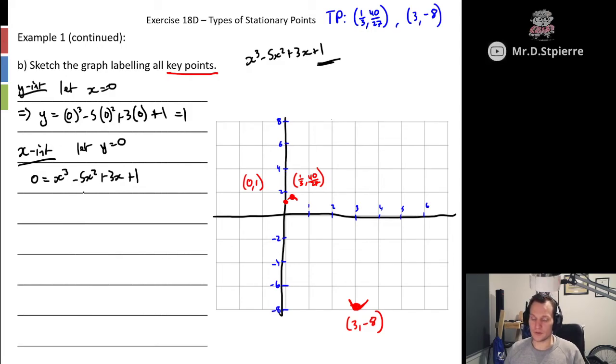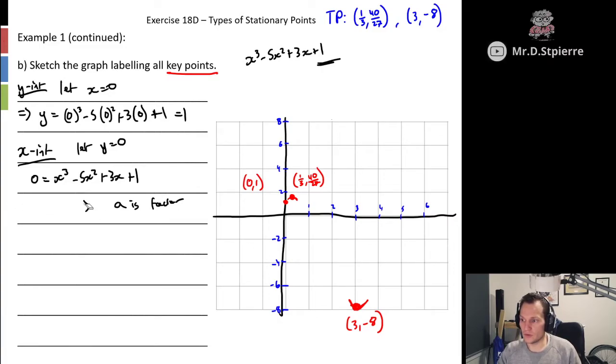Rightio. So how are we going to go about this? We know from the factor theorem that if f of some variable a turns out to be equal to 0, just a reminder, it follows that a is a factor.